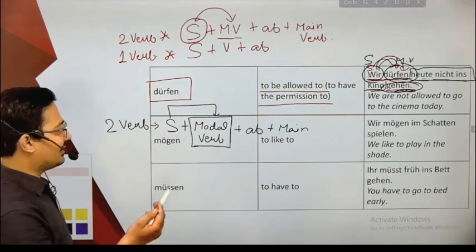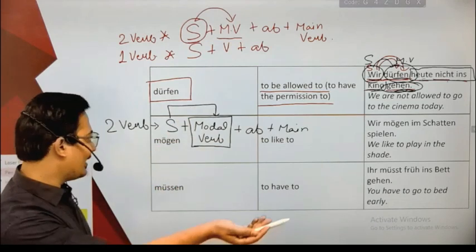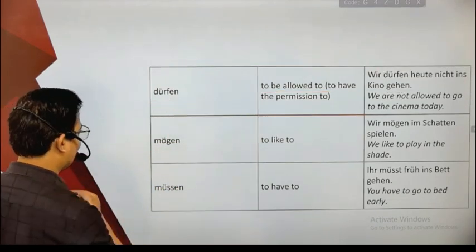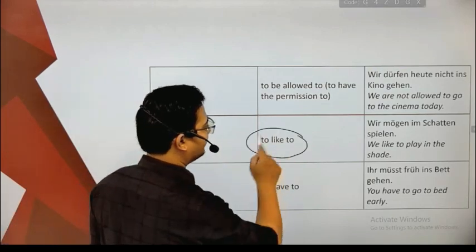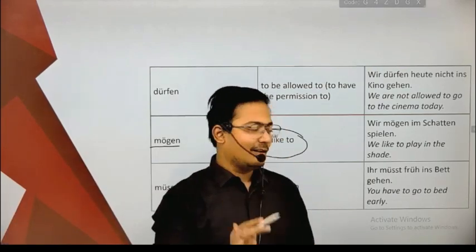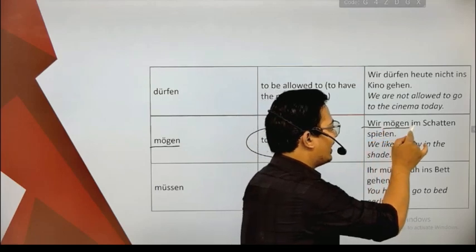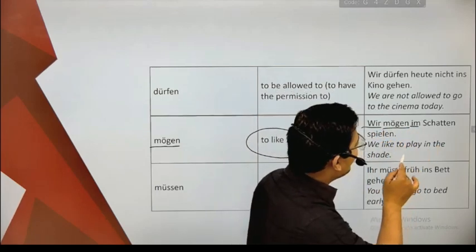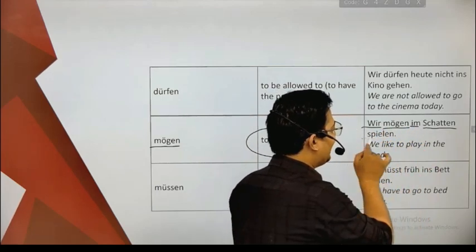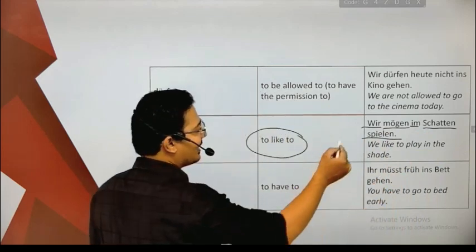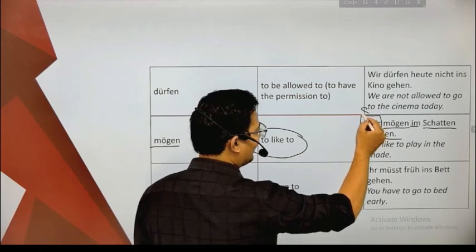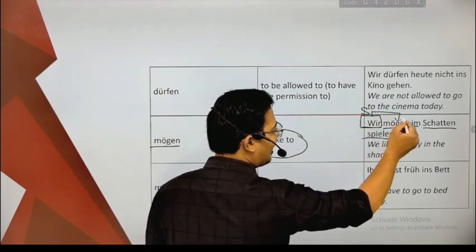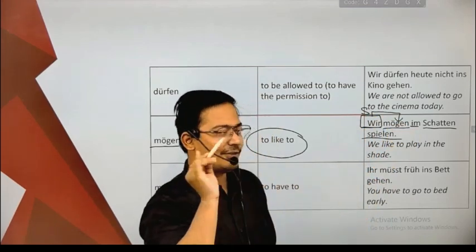Let me clean this. Mögen means to like to. See again: wir mögen im Schatten spielen. Again, what is the subject? Subject is wir. So the verb will come according to the subject, which is wir.